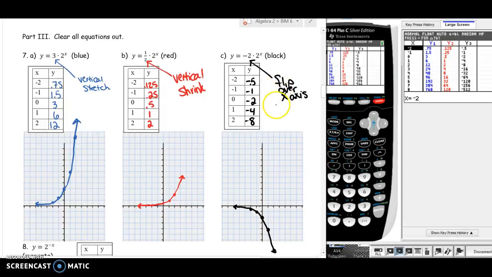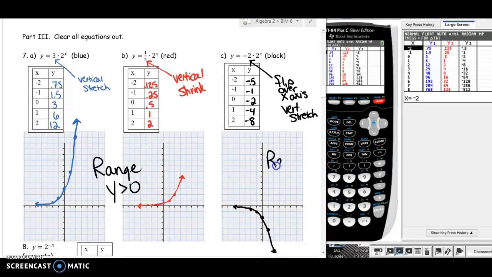Technically in C, the -2 is also a vertical stretch because we're multiplying by 2. But the important thing that they want you to notice is that negative in front flips it over the x-axis. That is also going to affect the range. So in 7a and 7b, these both have a range of y is greater than 0 because the asymptote is at 0.